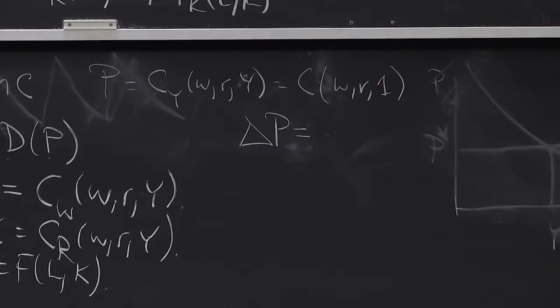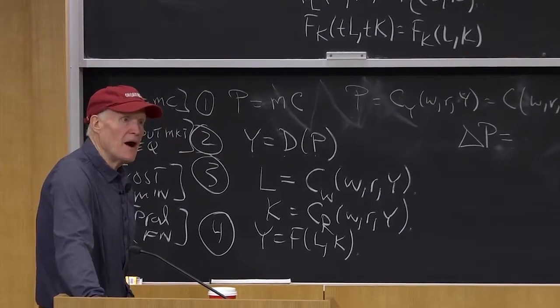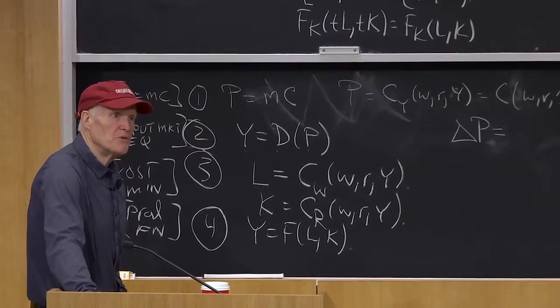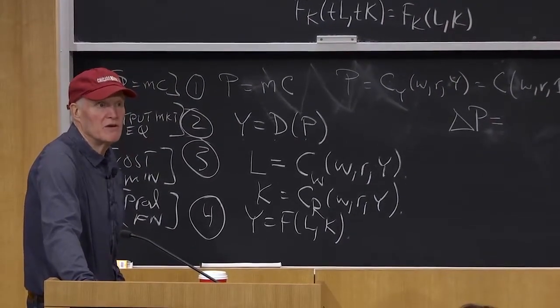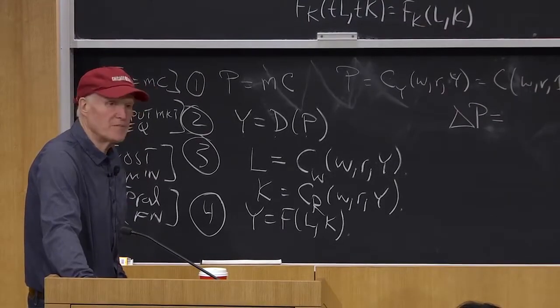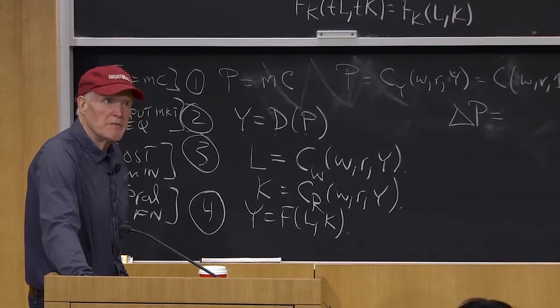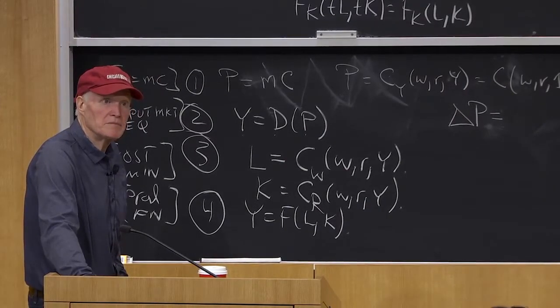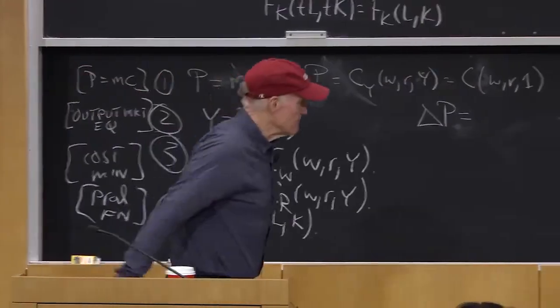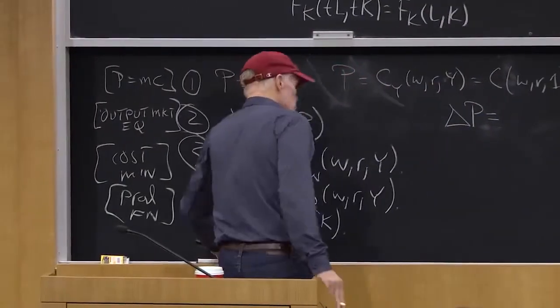How would this industry respond to changes in W and R? What would be true in the competitive industry about how output prices would move? Well, they've got to move with marginal cost. How is marginal cost affected by changes in W and R? Anybody know? Well, no. Let's just go.